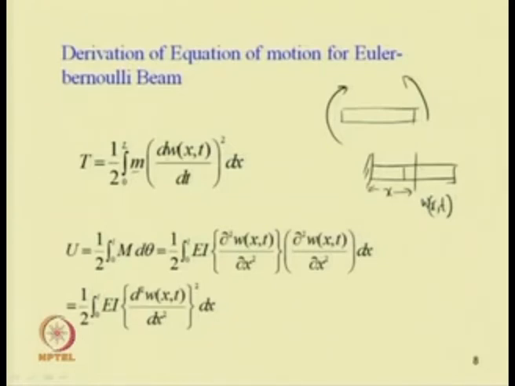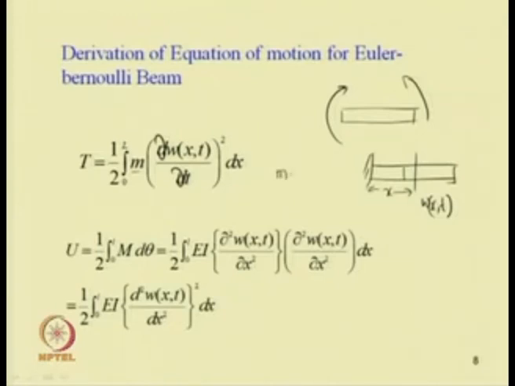Velocity equals del w by del t, as w is a function of both x and t. So, one can write the kinetic energy for the whole beam as the integration of half m del w by del t whole square dx, where m is the mass per unit length.